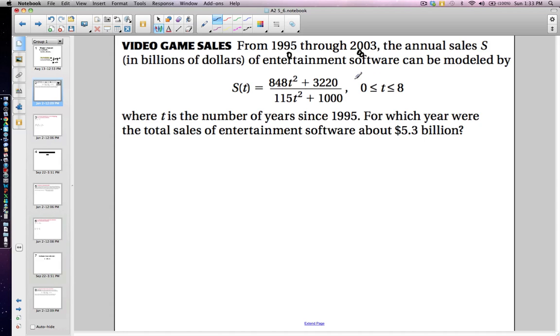So when you get t equal to 2, for instance, that would be 1997. At the end of the lecture, we'll solve this and figure out in which year total sales of entertainment software were about 5.3 billion. There are several different ways we can do this, and we'll talk about that when we get there.